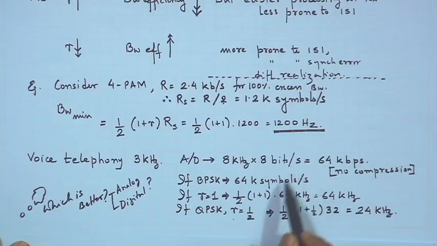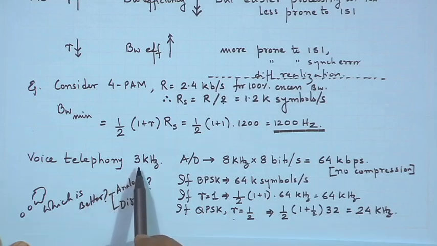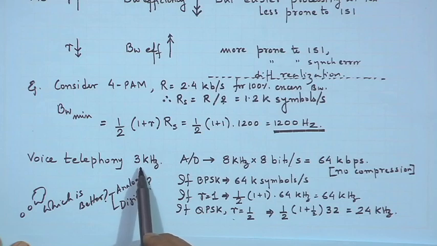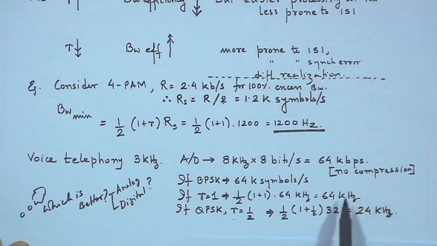Because as you can clearly see, even after using r half and higher order modulation, we still require 24 kilohertz, whereas in case of analog signaling, you would not require more than, let us say, 4 kilohertz at most, or maybe 5 kilohertz. So, this is spectrally much less efficient in terms of message compared to analog, at least in this pseudo example. So, whether it makes sense or not to use digital communication is something we should start thinking about.